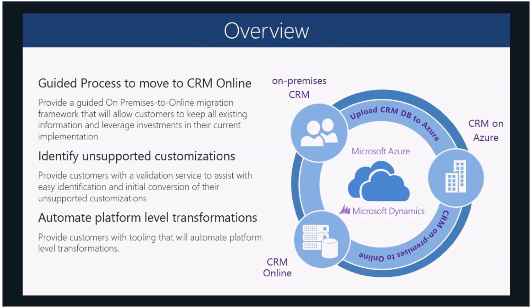There is a validation check that you can run against the solutions that you choose to upload, and that provides you an option to go through all the customization that you have. Make sure that none of them are unsupported when you actually try to move to Dynamics 365 online, and then fix them either in the environment that this tool creates for you, or you can fix them on-premise and then upload the backup DB file for the migration to go ahead.